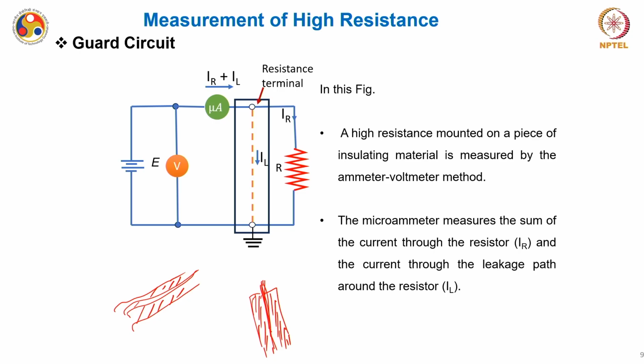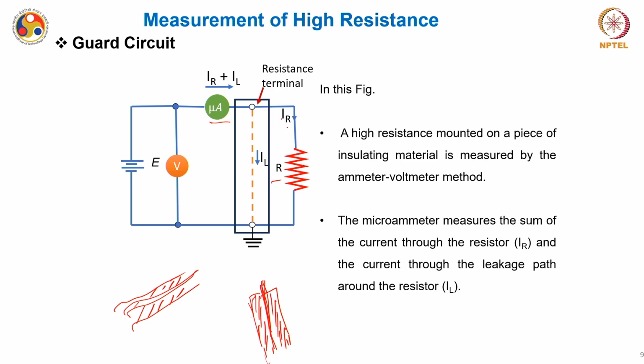In this case, say the high resistance under measurement, this resistance R, is mounted on a piece of insulating material, and now we are trying to measure it. You also have to take into consideration the jacket wrapped over this insulator. The microammeter placed here measures the sum of the current through the resistor, IR, and the current through the leakage path around the resistor.